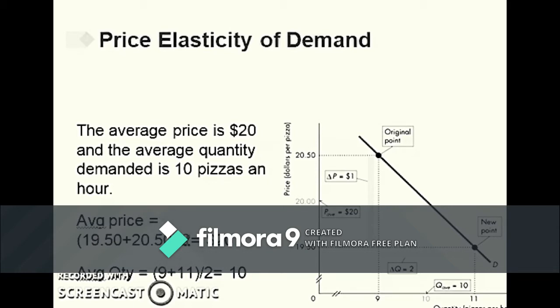Divided by 2, which equals $20. It's the average price: we take the two price levels and divide by 2. Similarly, we calculate the average quantity. The initial quantity was 9 and the new quantity is 11. We sum it and divide by 2, which equals 10.